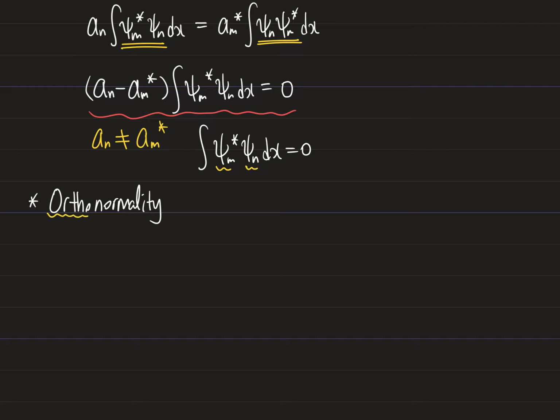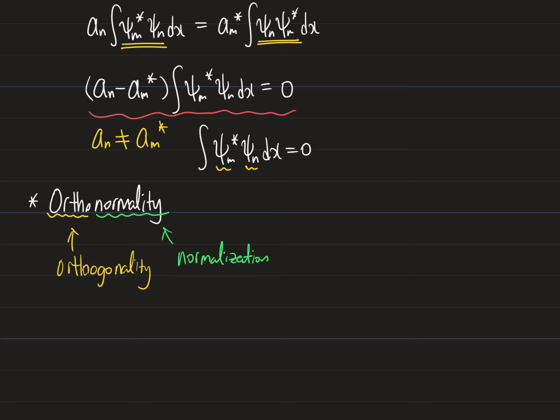The first part, ortho, is from the orthogonality. And the second part, normality, comes from the normalization. So this expression is used to describe a set of functions that is both orthogonal and normalized.